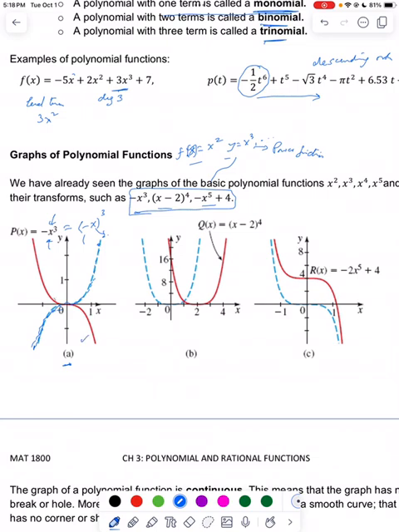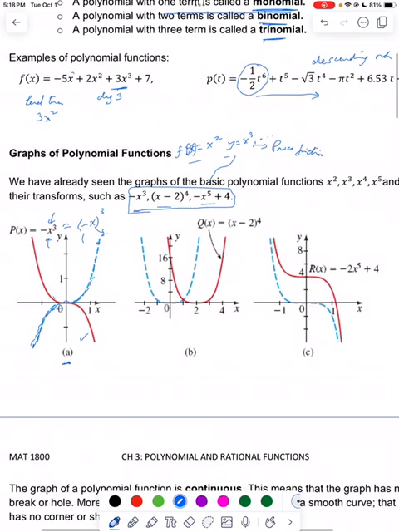We're now looking at the second one, which is negative x minus 2, whole raised to the power 4. The base function is x to the 4, and this is translated to the right 2 units. This is what the red graph is showing, the translation. And now the last one, which is negative x to the 5 plus 4.